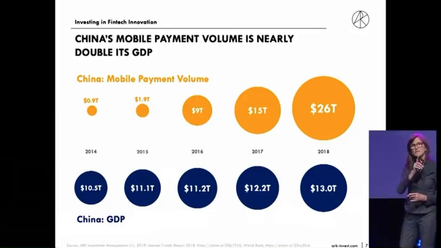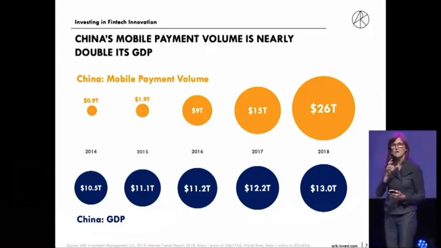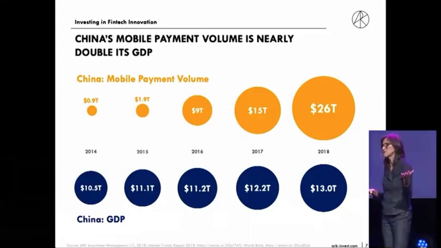So in 2017, when I first saw the number 9 trillion, it was 8.6 trillion, that China was reporting for its mobile payment volume, I just didn't believe it. I didn't believe it because its economy was $11 trillion, and the consumer was 35–40% of that.